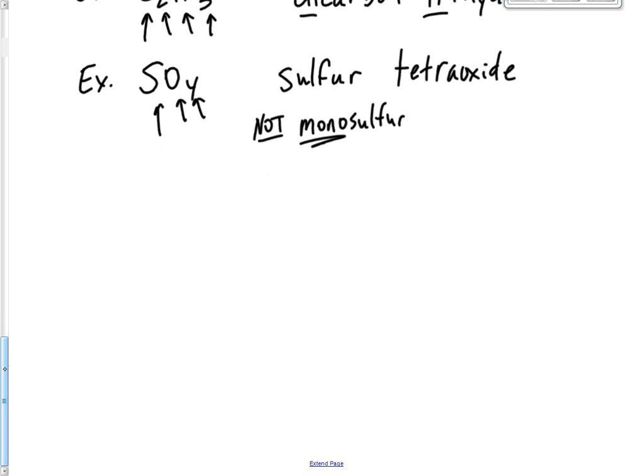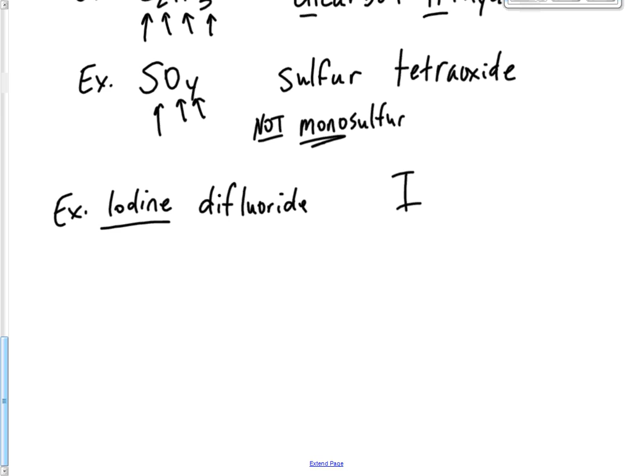Let's see, one more. Now we'll go on to names. So going from the name to the formula. If I gave you iodine difluoride, first thing you're going to do is look at this one, iodine, find it on the periodic table. It's an I. How many do you have?